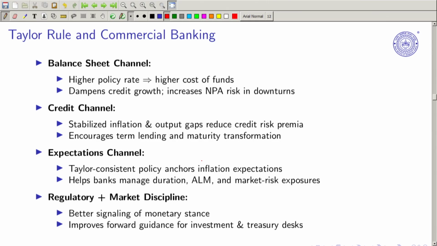Because if your IRR is, suppose, 8% and your borrowing is 10%, the project becomes unviable, right? This is what we often get. The credit channel, in the sense that once we have stabilized inflation and output gap, and if you have a high interest rate, we know that borrowing will be lower, and this will further create trouble for the banks that are going to lend.